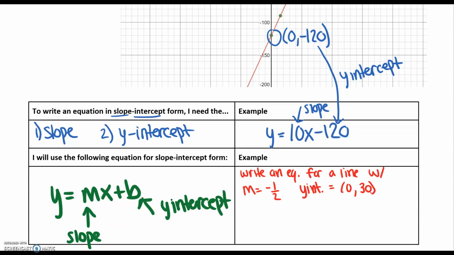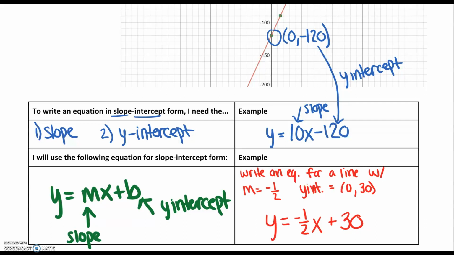All you have to do is take this equation and plug it in. So it'd be y equals, you plug in your slope for m, so substitute negative 1/2 for m, times x, plus b, your y-intercept. 0 is the x-coordinate, 30 is the y-coordinate, so it's going to cross the y-axis at 30. And that's how you would use that.